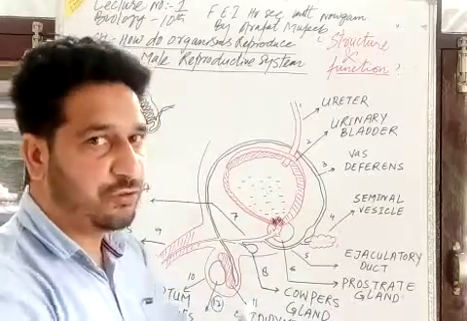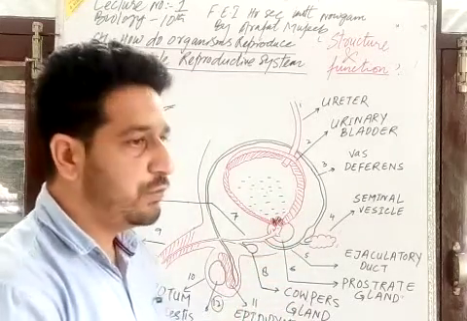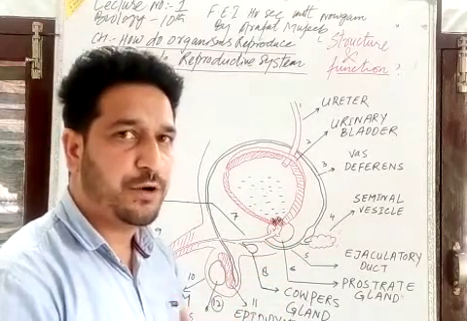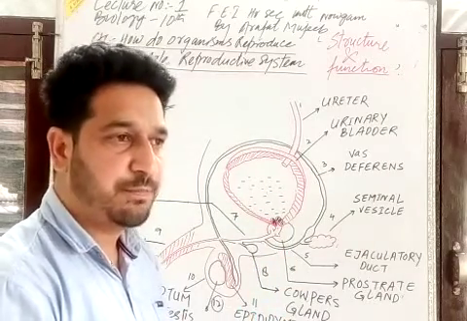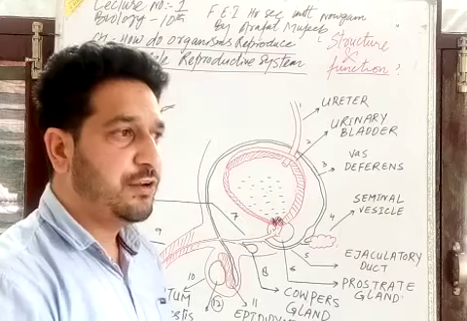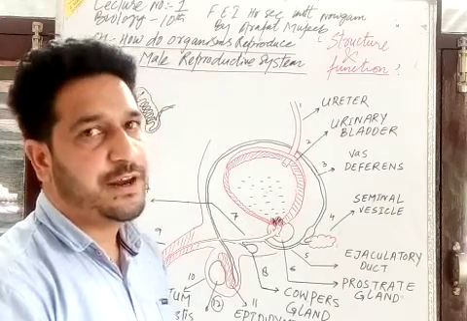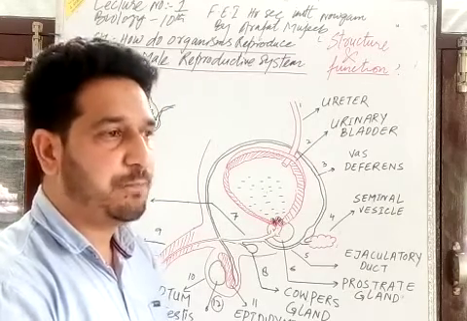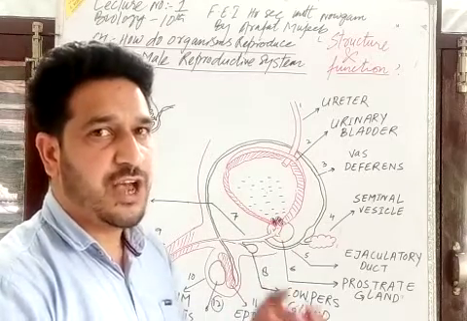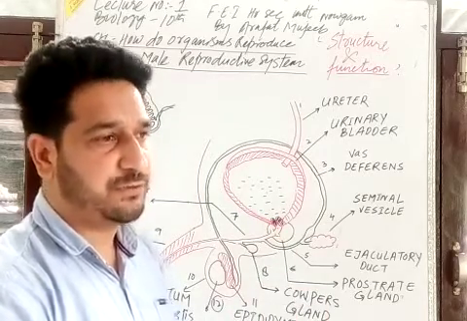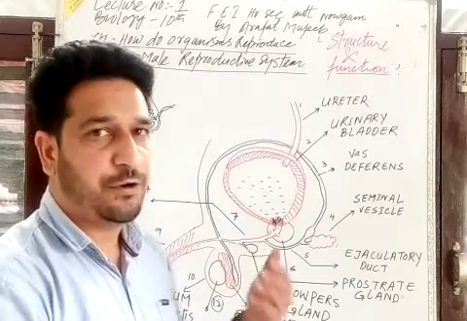Its passage is long. It not only transports the sperm from the testes to the urethra, to be passed on later, it also helps in the reabsorption of the sperm. There are some absorptive cells which help in the reabsorption of sperm so that it is not lost.